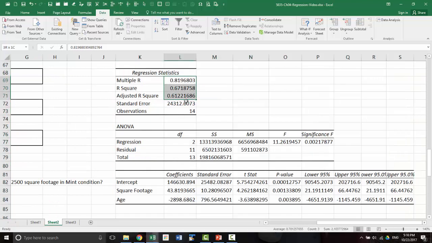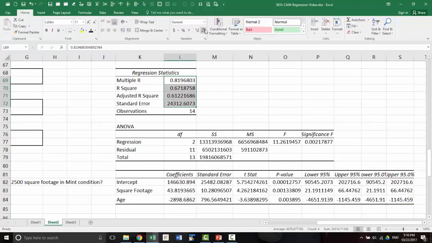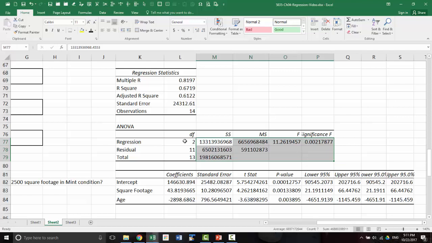So now we have the results. Let's go ahead and format the results. They don't have any decimal places there.